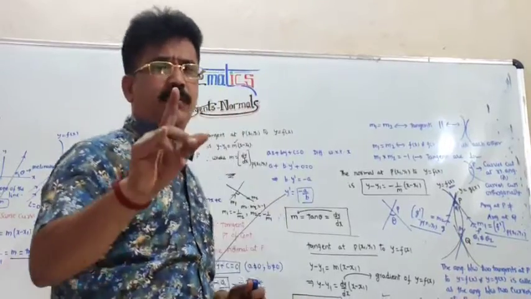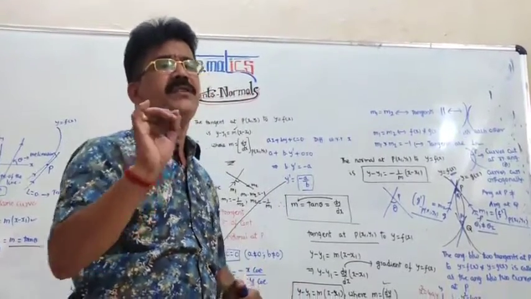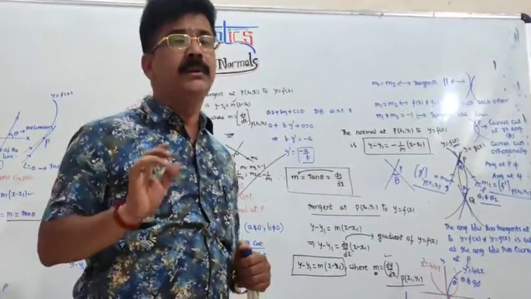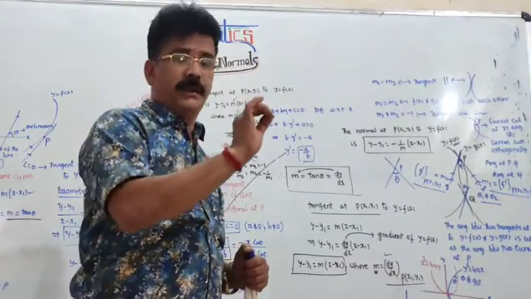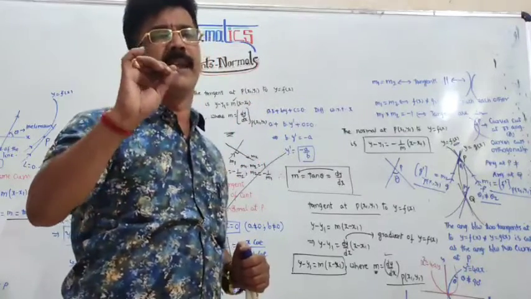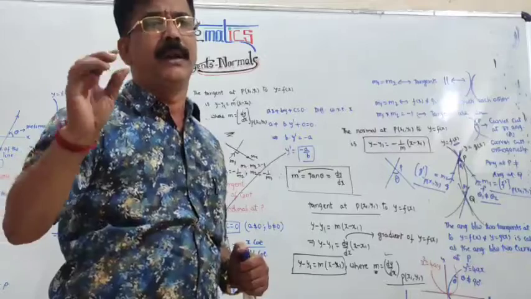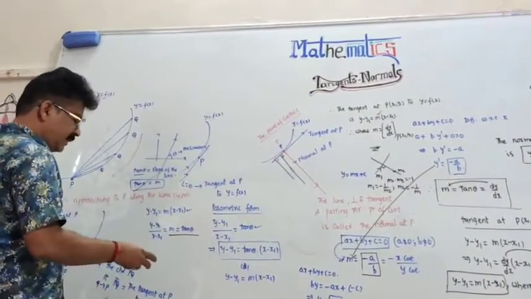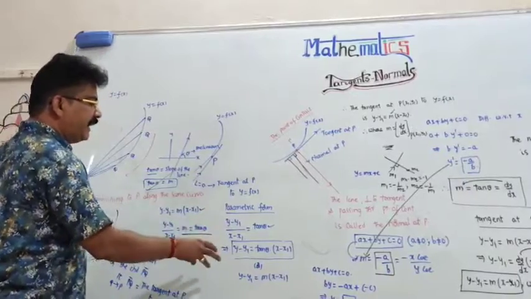Next, one formula. The tangent at capital P to the curve y equal to f of x is y minus y1 is equal to m into x minus x1. Already we know this is one of the forms of a straight line.